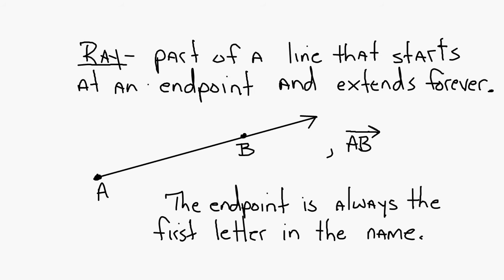Ray AB means you're starting at point A and going through B forever. You cannot call this ray BA. That would be a different ray that starts at B, goes through A, and extends forever the opposite direction.